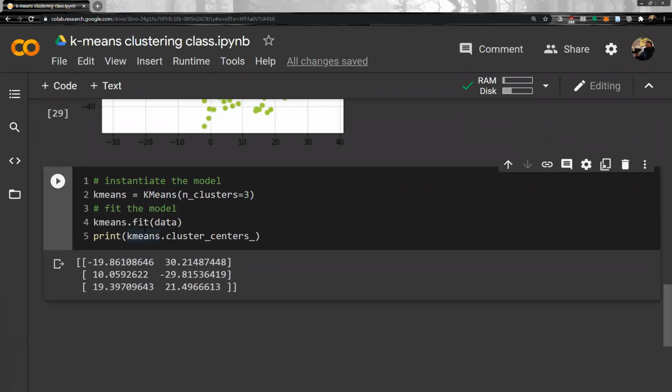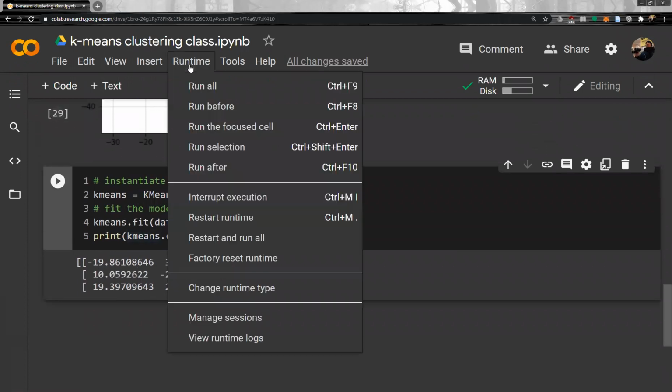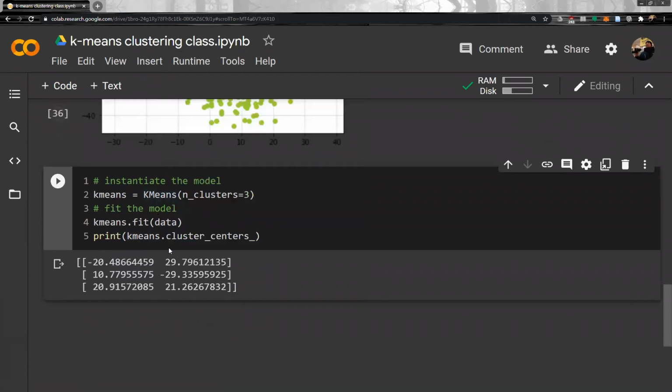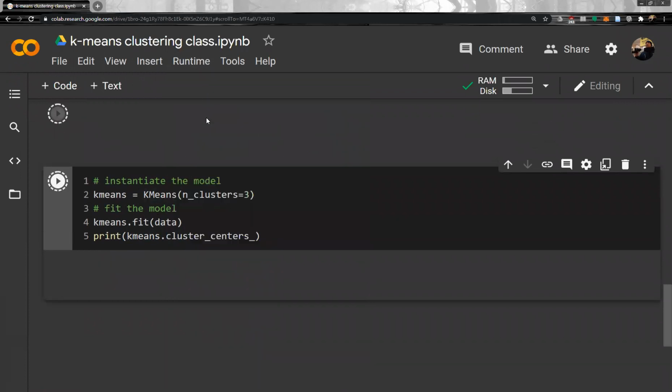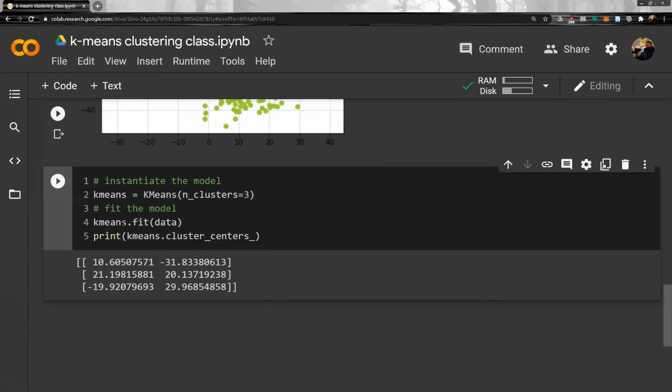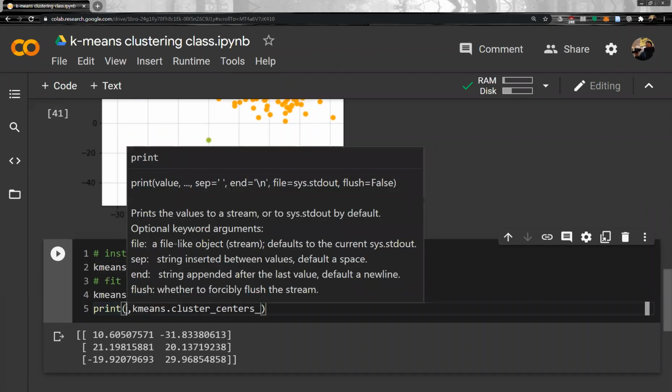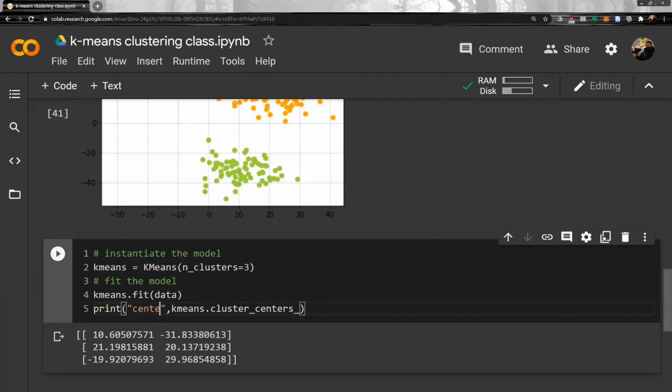Whenever we do the simulation, we will have a different number. So let's do the simulation again. Then again, we will have a different number. On average, I think this will find the right cluster centers. So let's plot the centers of clusters.